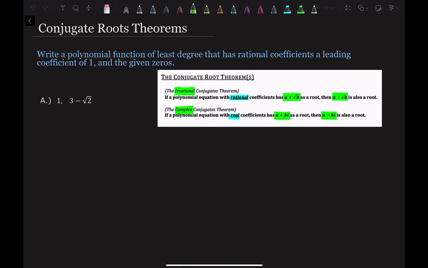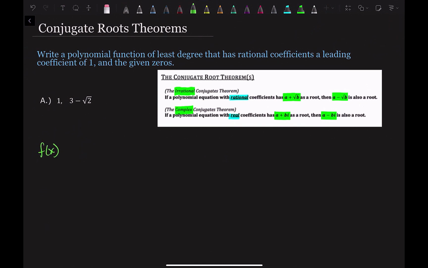All right, we just had our crash course in what the conjugate root theorems say, and now we're actually going to answer the question that we're being asked. We're saying write a polynomial function of least degree that has rational coefficients, a leading coefficient of 1, and the given zeros. Very daunting when you read it, but now we have the knowledge to move forward. To write a polynomial function, we could put in f of x.